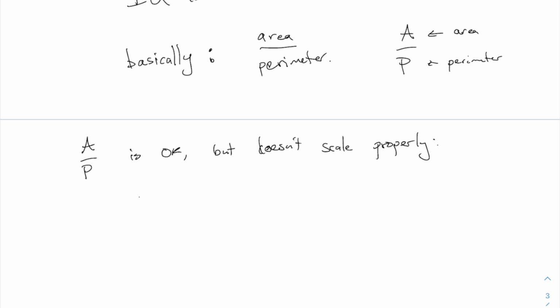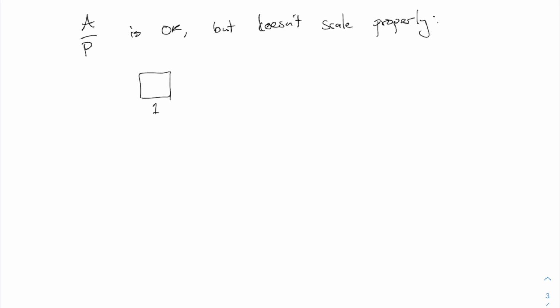For example, if I try to do this with, say, a unit square, which is 1 inch or whatever on the side, then any masters of geometry out there, what's the area of a square with 1 unit on the side?